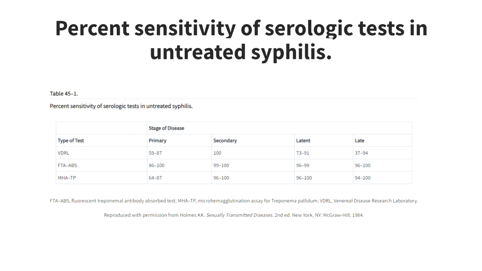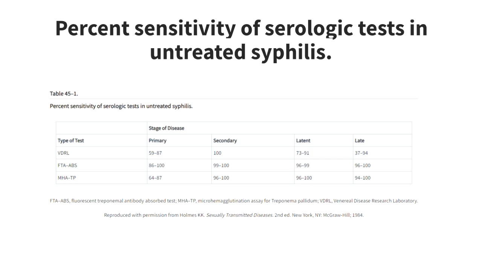Here you can see the percentage of sensitivity of the serological tests if the syphilis is untreated. As you can see, VDRL usually detects mainly secondary syphilis and latent stage, also primary.